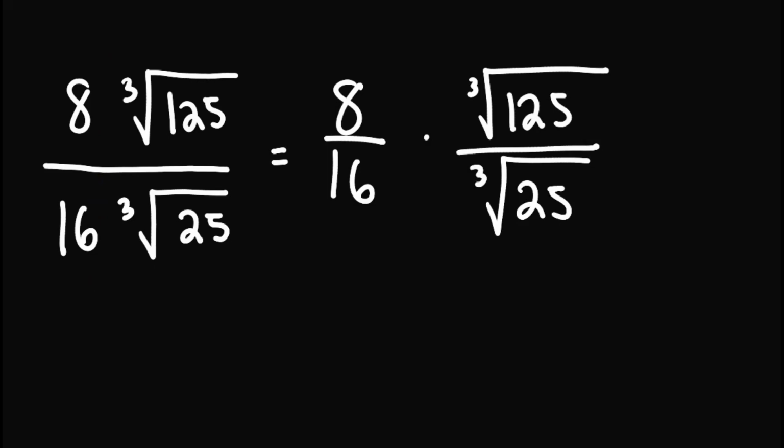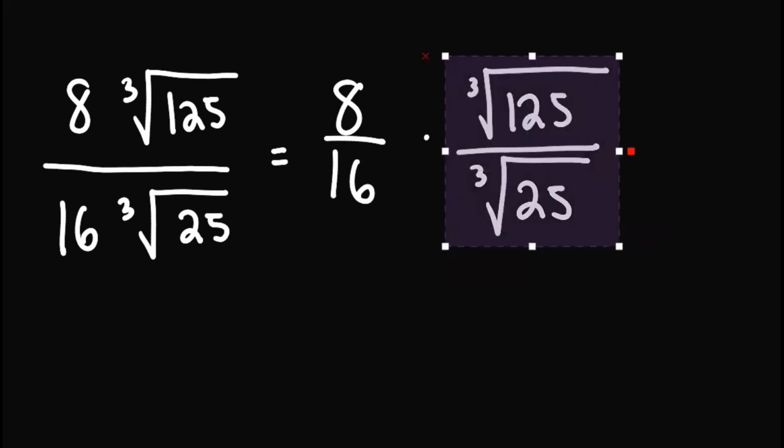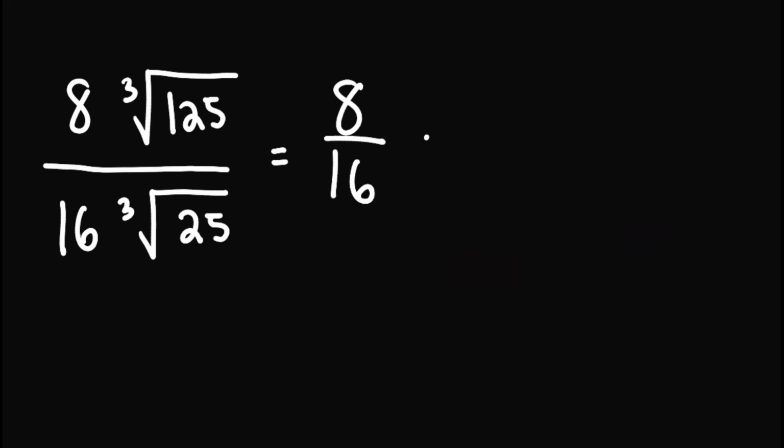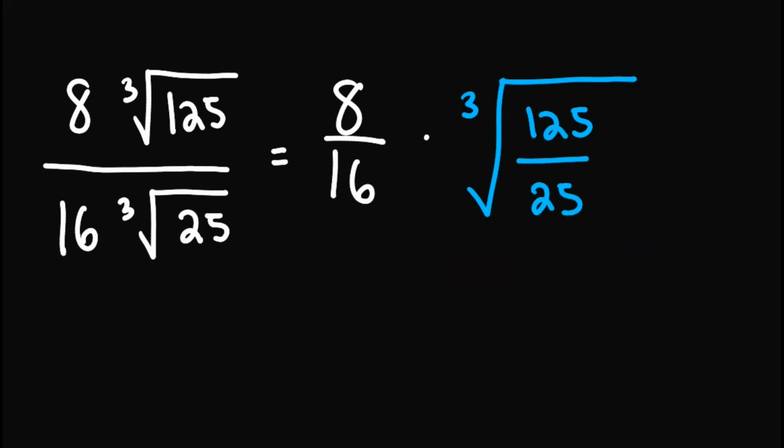Like how we did a while ago, this one out here will be equal to the cube root of 125 over 25. So simplifying this now, 8 over 16 is simply 1/2, times 125 over 25 is equal to 5.